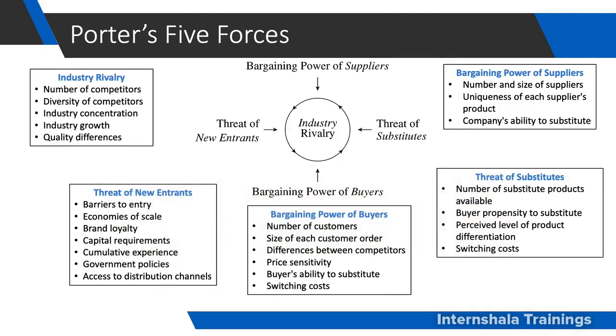So the 5 forces of Porter's 5 forces are: the first one is industry rivalry. Here we need to see how many competitors exist. If more competitors are present, there will be a high number of similar products or services available for the customer.